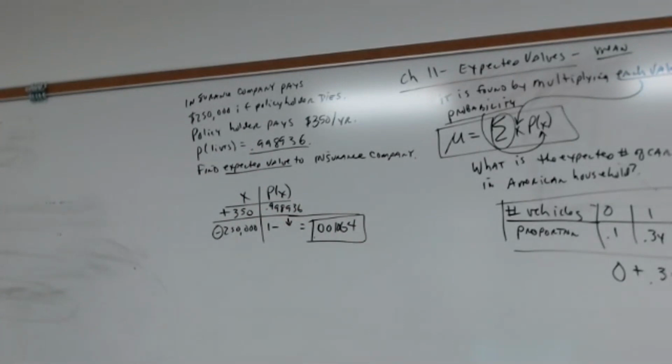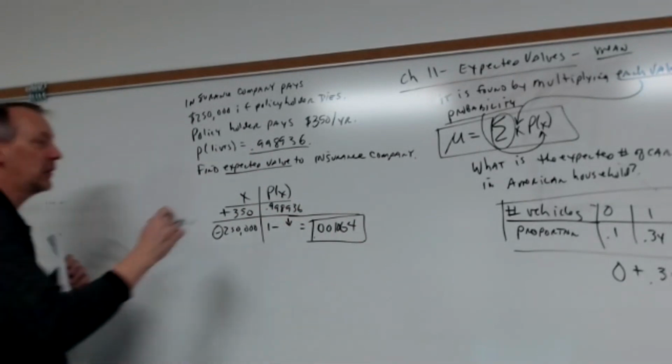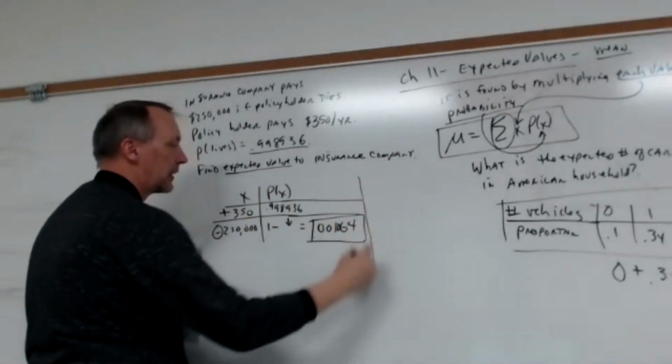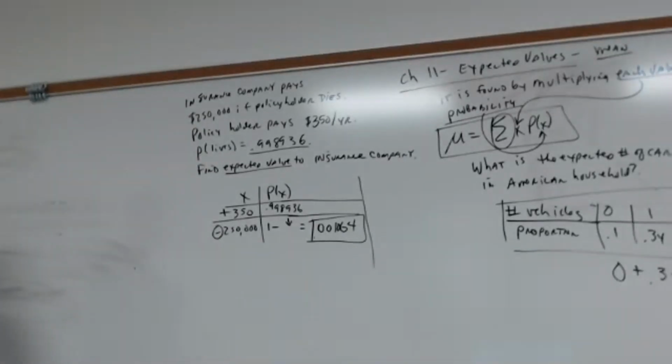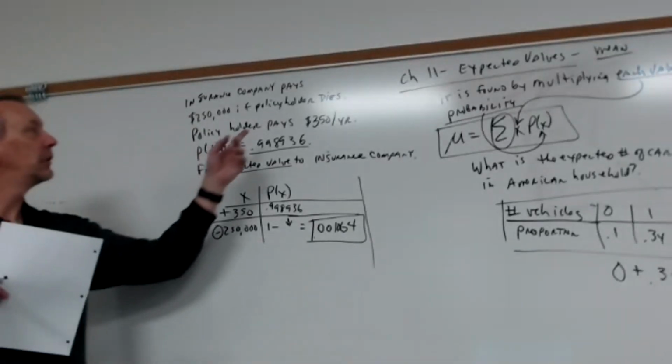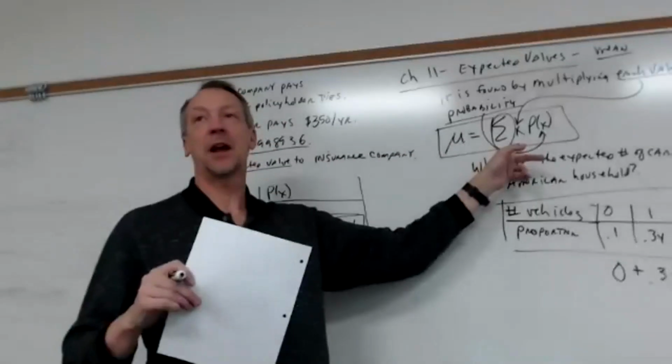Now, when we're doing expected values, what are we doing? We just need to find x times p of x.